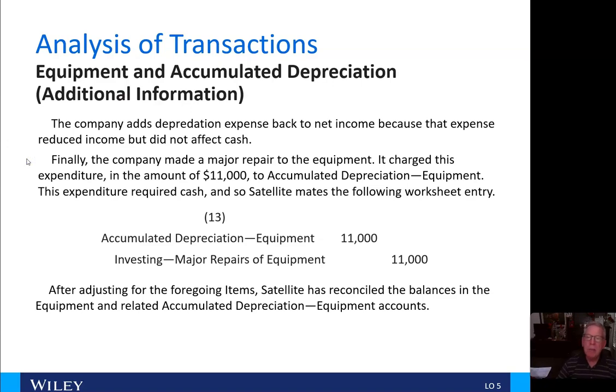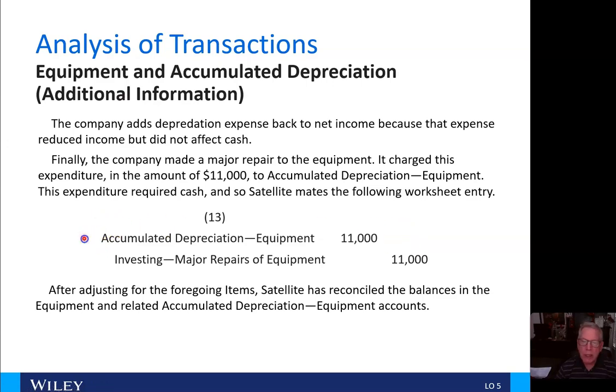Finally, the company made a major repair to its equipment. It charged this expenditure in the amount of $11,000 to accumulated depreciation equipment. This expenditure required cash, and so Satellite makes the following worksheet entry.